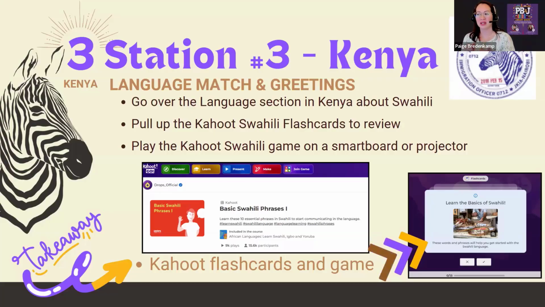And people can log in using a QR code, or it'll also give you a website with a little phrase or passcode to get in to that specific one, and it's live. So people will log in, they create their own names.